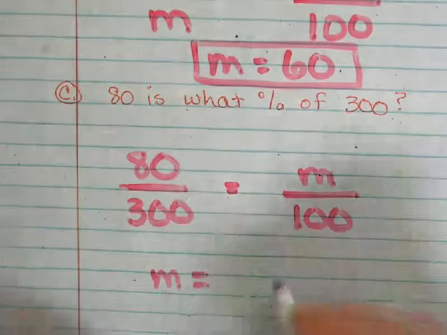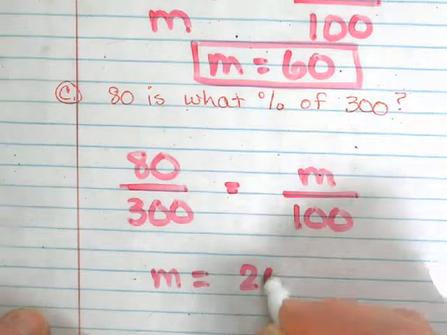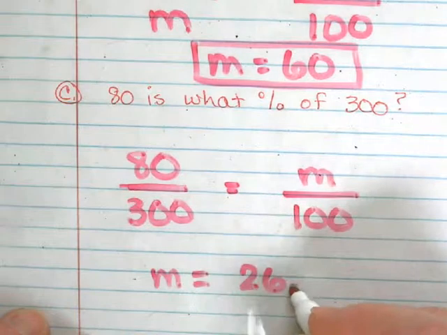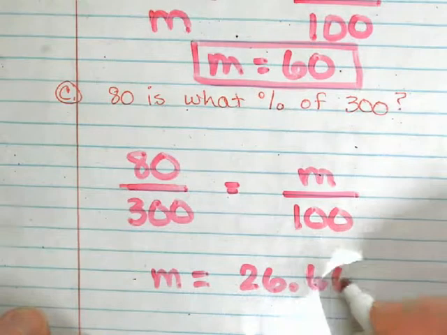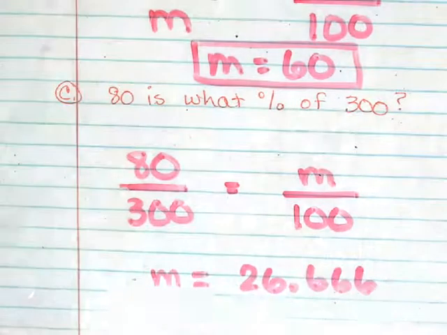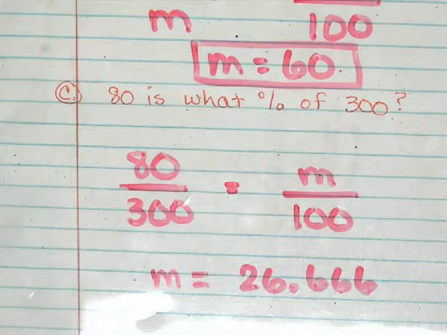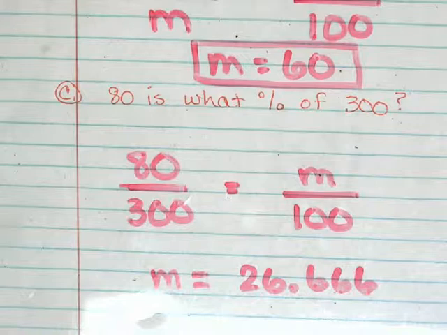What did you get? 26 point. Okay, it's going to be a lot of 6s and then a 7, isn't it? We're not going to waste our time writing all those 6s. Ella, do you know how to handle it? Yeah, we just put a line on it. Very good.